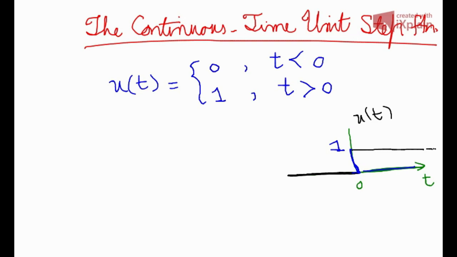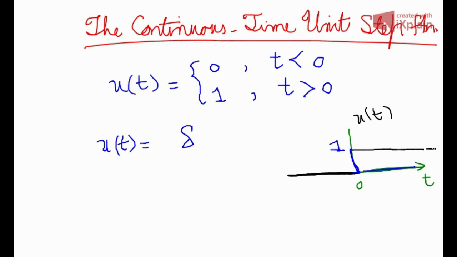We can also write our function u of t in terms of the delta function, the unit impulse function.